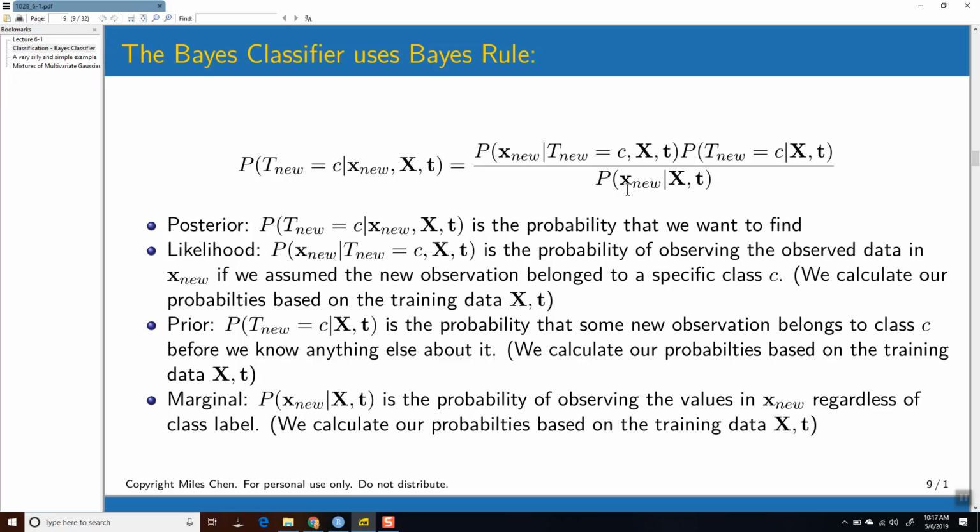And then finally, in the denominator, the probability of x new is the probability of observing the values in our input vector x new, regardless of the class label. All of that is based on our training data x and t. So that's why x and t appear as givens in all parts, because everything we have here is based on the training data.